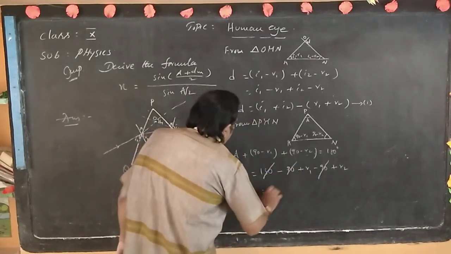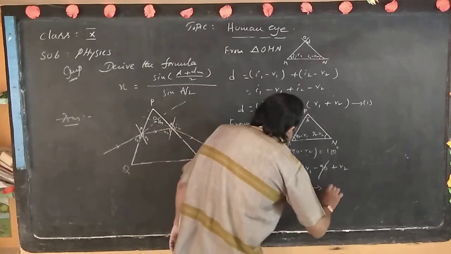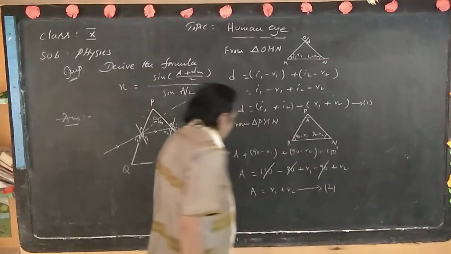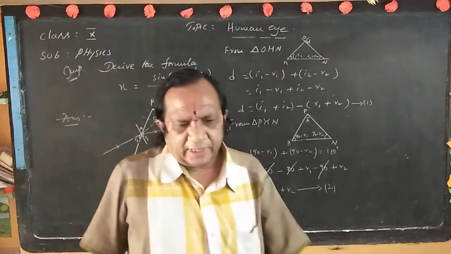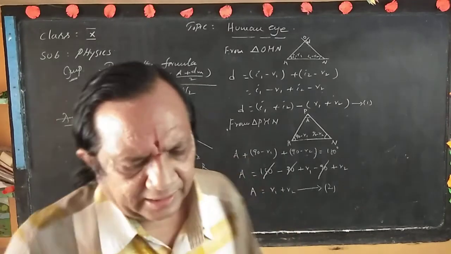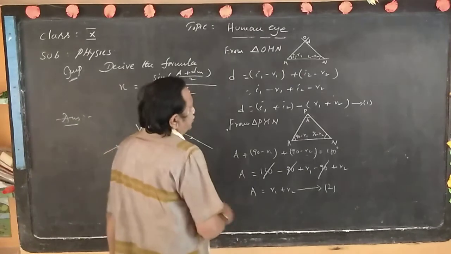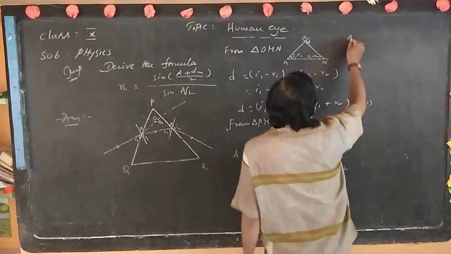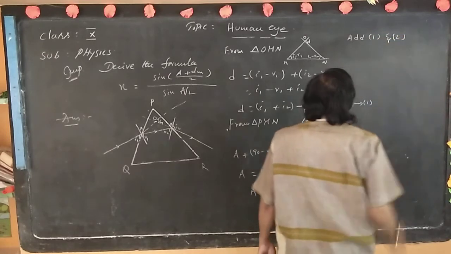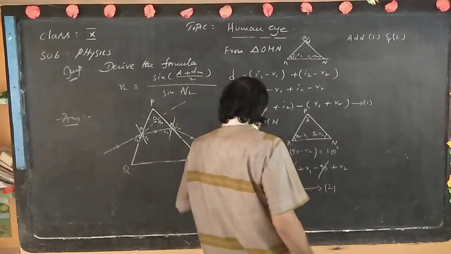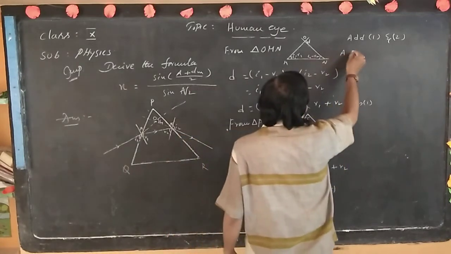Now angle A becomes A is equal to R1 plus R2. Let it be equation number 2. Next we add equations 1 and 2. In the first equation D is given, in the second A is there, that means A plus D.